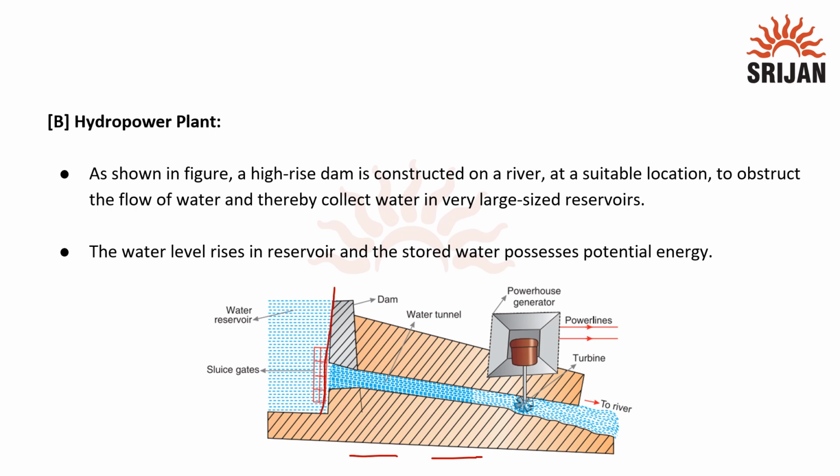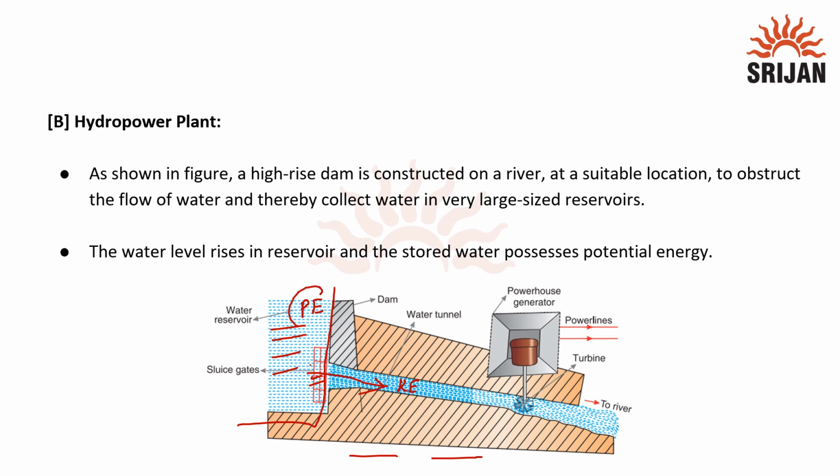Here we have the dam. This dam is the region where water is stored and this water contains potential energy. Here we have gates, and through these gates the water stored in the reservoir will move. This moving water will possess kinetic energy.